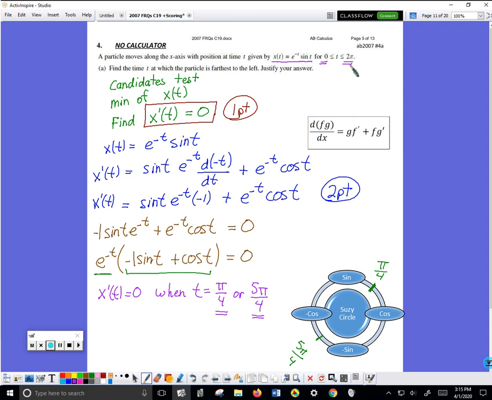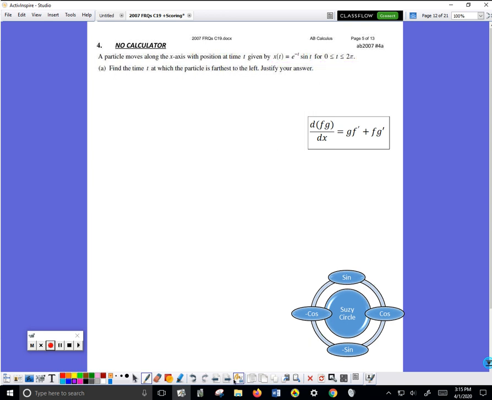So, copy this. Clear this off. I need to find when the position is lowest. So I have to plug in those candidates into the position formula.